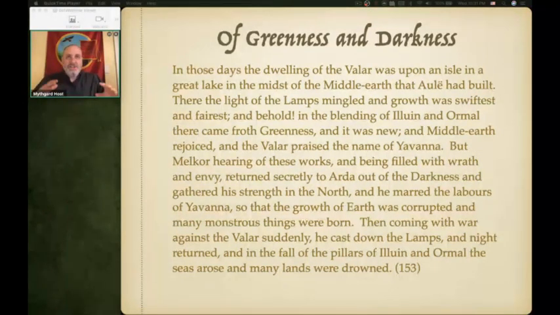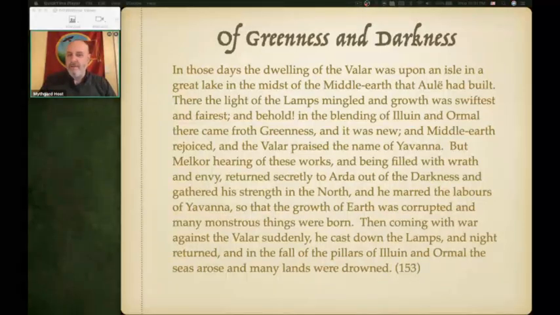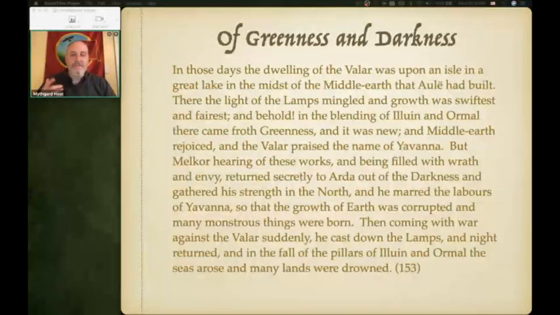It's not just that the Valar are happy, or that Arda is beautiful, or that everything is peaceful and blissful, and he comes in and says, I've had enough, I'm going to puke if I have to look at this more, I'm going to take it down. Instead, he comes in and sees this remarkable thing that Yavanna has brought forth. Greenness, and it was new. And Middle-earth rejoiced, and the Valar praised the name of Yavanna.